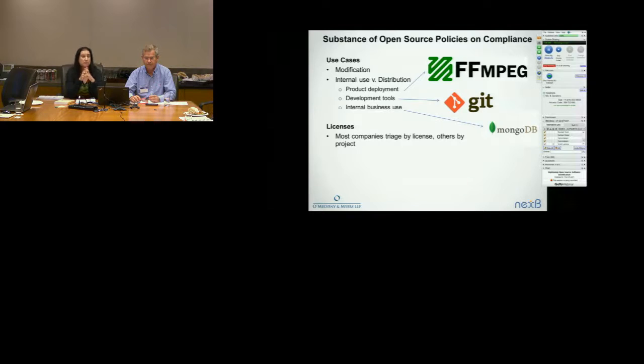That is often put in products because if you have an AV product, you're going to need something to encode and decode files according to various audio-visual protocols. That is software you would put in a product and distribute.